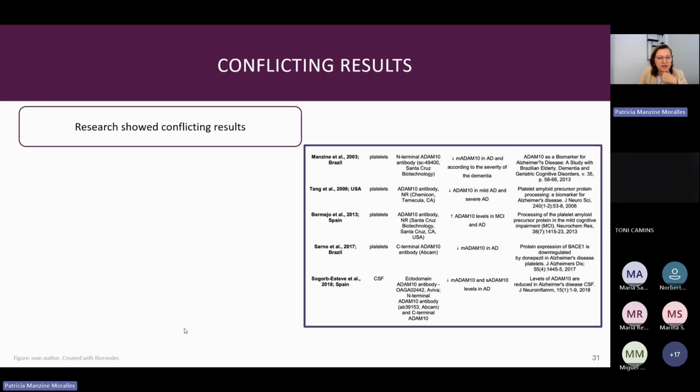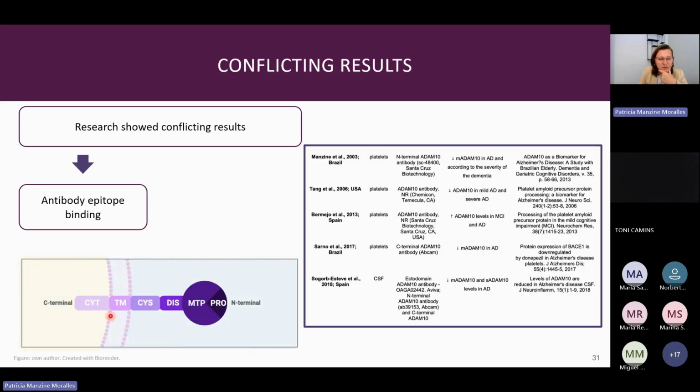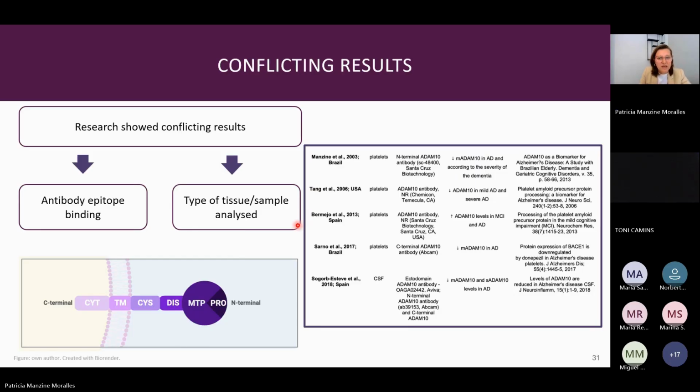After some thinking, our group thought that this could be due to different antibodies, for example, epitope binding of the antibodies to different regions of EDN10, and also could be about different sources, for example, plasma, platelets, liquor, and cells.